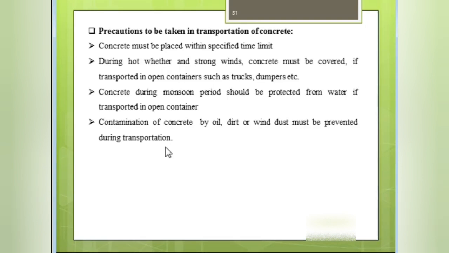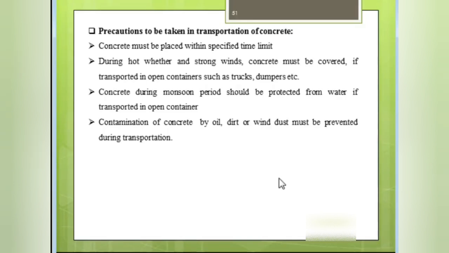Have you observed any concrete mixer on the road when you are traveling somewhere? Yes, students, have you observed any concrete mixer on the road? What have you observed: whether that container slowly rotates or is kept stationary? Slowly rotates.